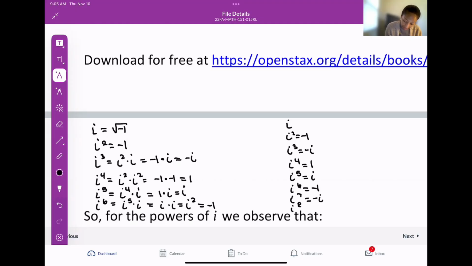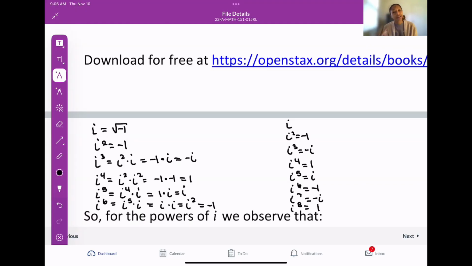And then i to the 8th would be the same thing as i to the 4th, 1. And it just repeats over and over. So every 4 powers, we cycle through i, negative 1, negative i, 1.